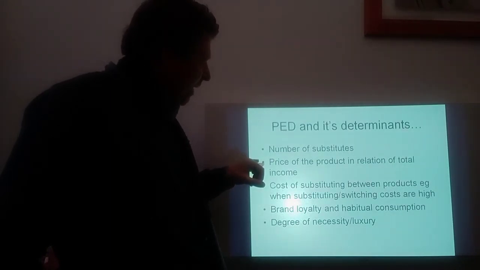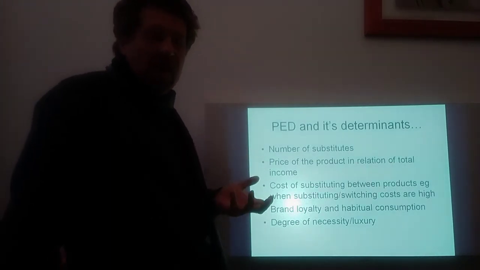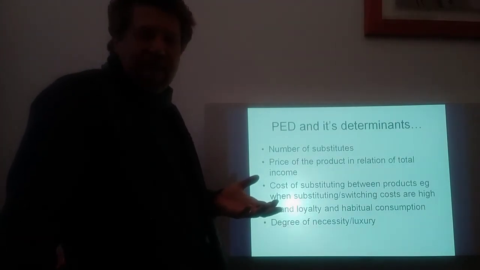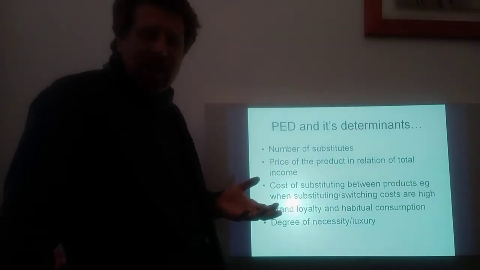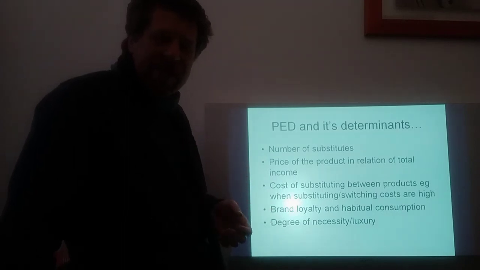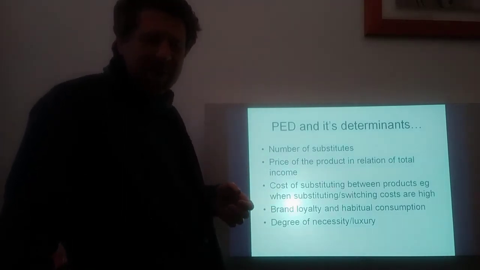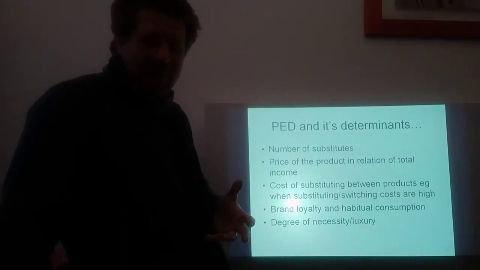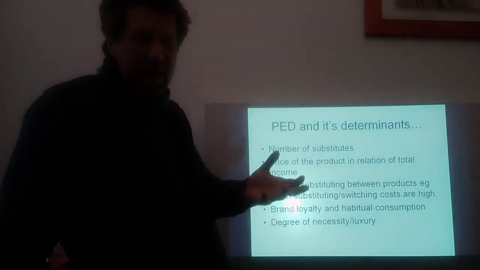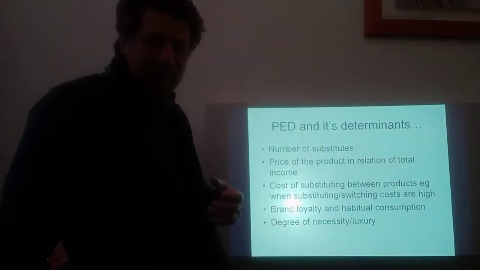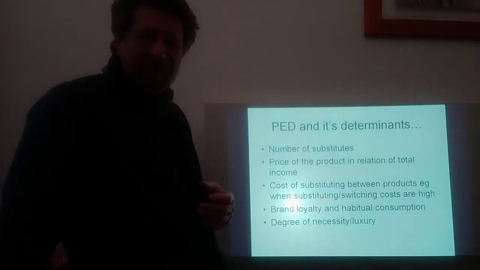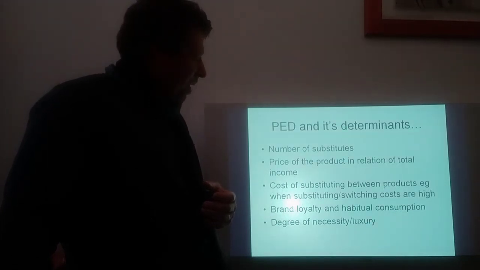Price of the product in relation to the income. If people must spend a lot of money, they're going to be thinking very carefully about whether to spend it or not. If there's an increase of 10% on a car in Turin, maybe I think, I'll look around, maybe I'll try and get a car outside of Turin, try and find a better price.